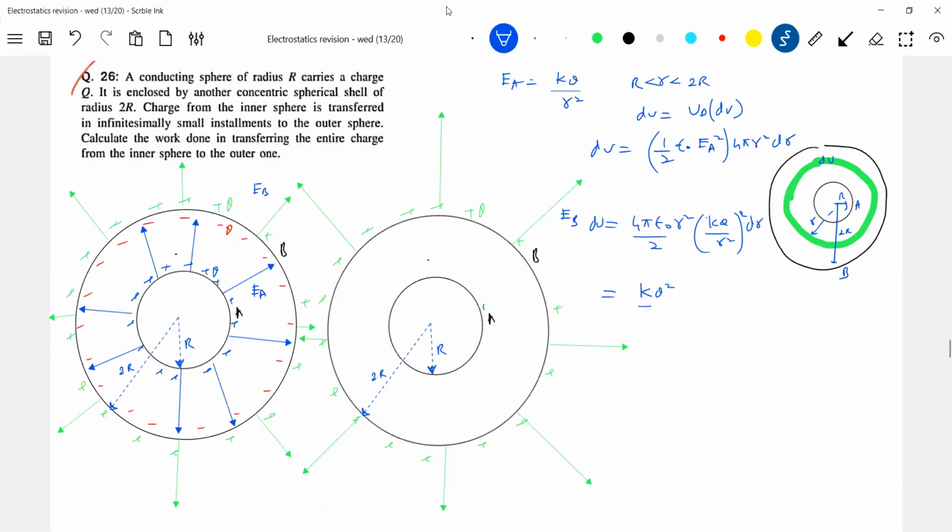KQ square by 2, integral from R to 2R. KQ square by 4R is what?